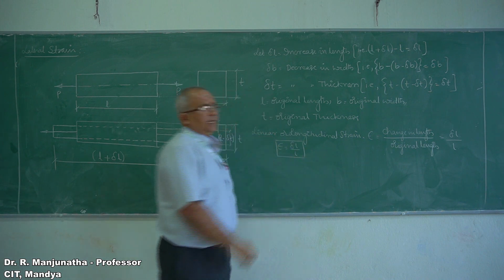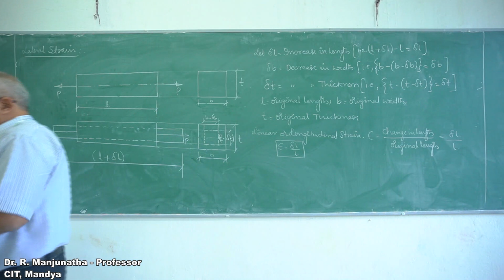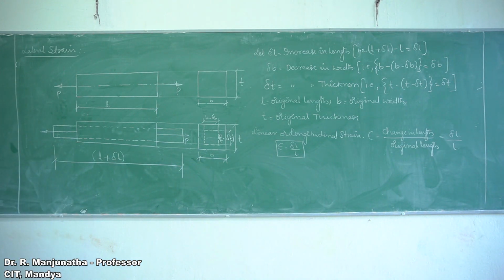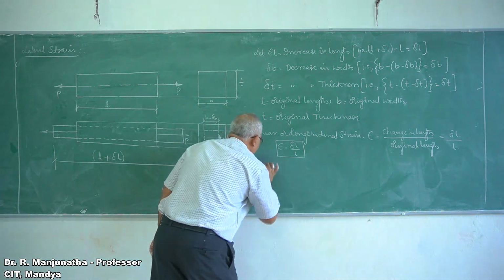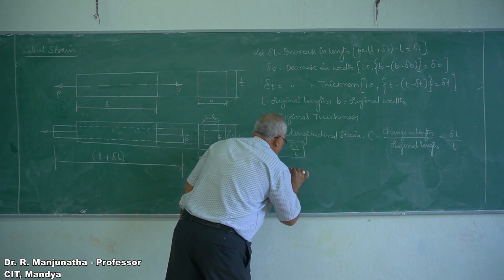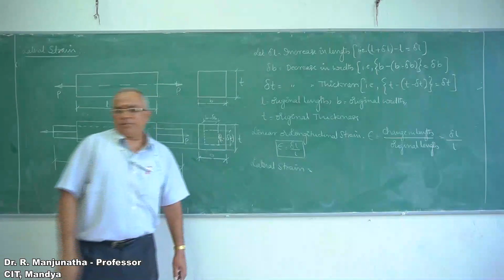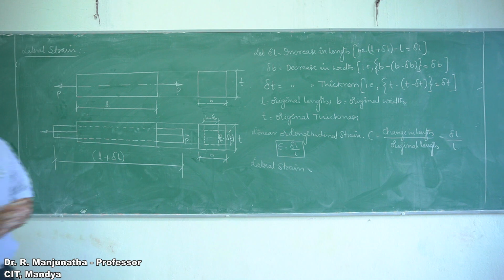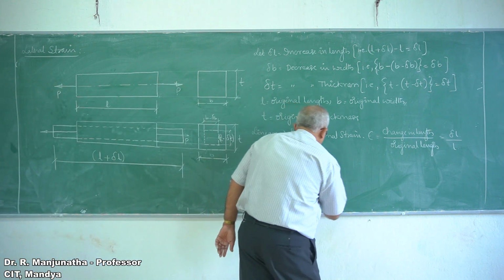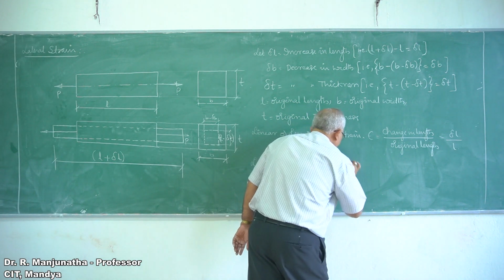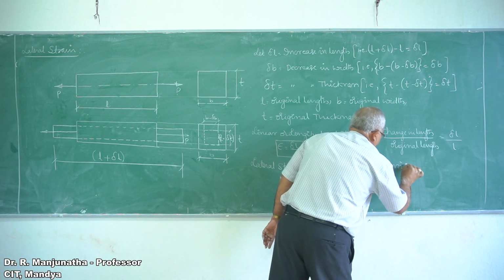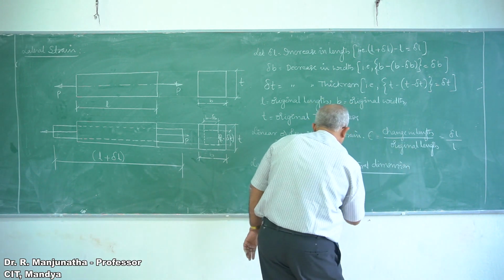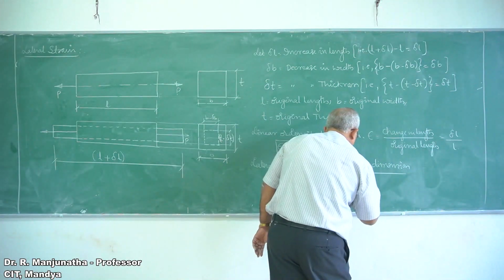But what we want is the lateral strain. The lateral strain always corresponds to the cross section, wherein we have the width and thickness. Lateral strain will be given by the change in lateral dimension divided by the original lateral dimension.